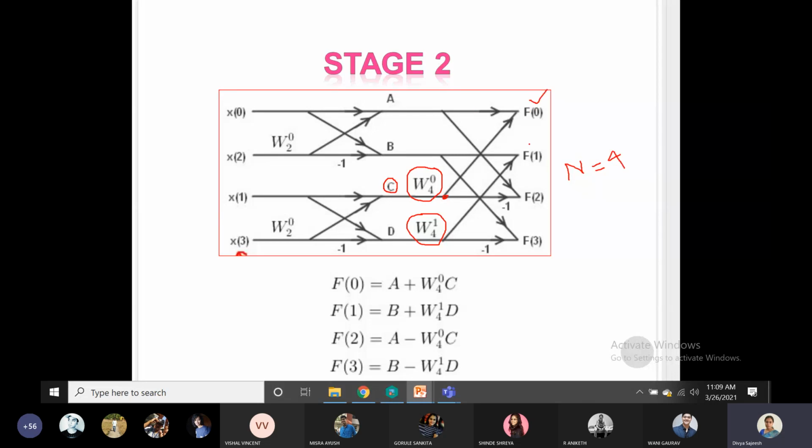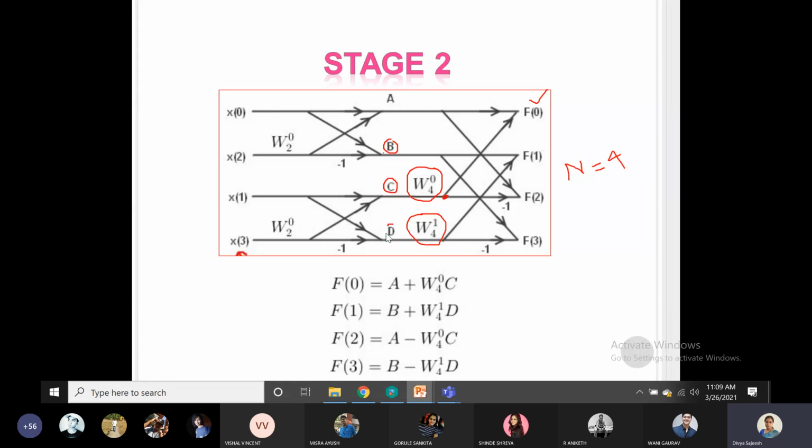Now how to get f of 1? So what are the inputs coming here? One of the inputs is b. Okay, so this b is coming to this point. Now what is the next input? This is the path. So what is the input coming here? D is coming here.